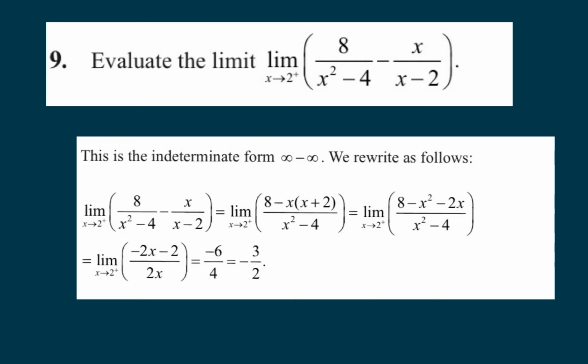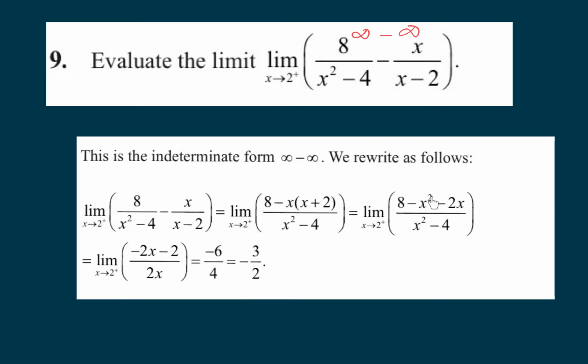So this is an indeterminate form of the form infinity minus infinity. So we need to massage this form to put it in the form 0 divided by 0, or infinity divided by infinity. How will we do that? Well, we do a little bit of algebra here, very easy algebra.